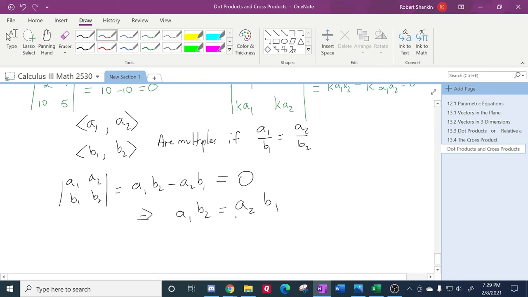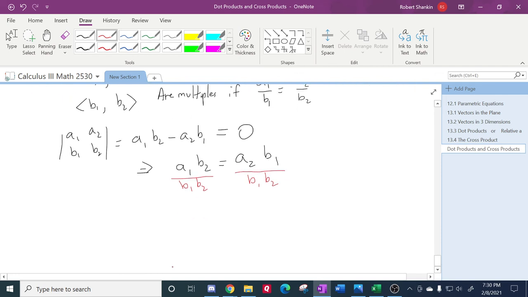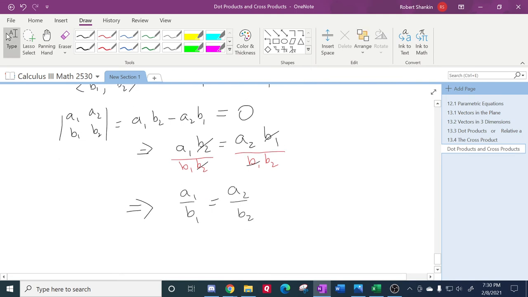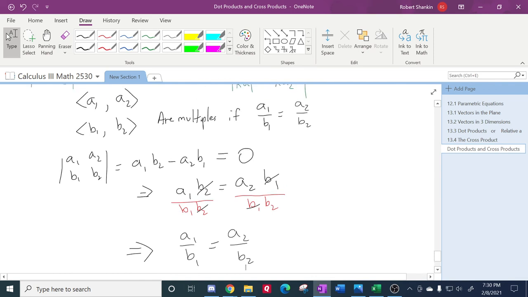Then let's divide both sides by B1 with B2. That will imply that now these guys are going to kill each other off. A1, B1. These two are going to kill each other off. There's A2, B2. If the determinant is 0, then the ratios were equal.